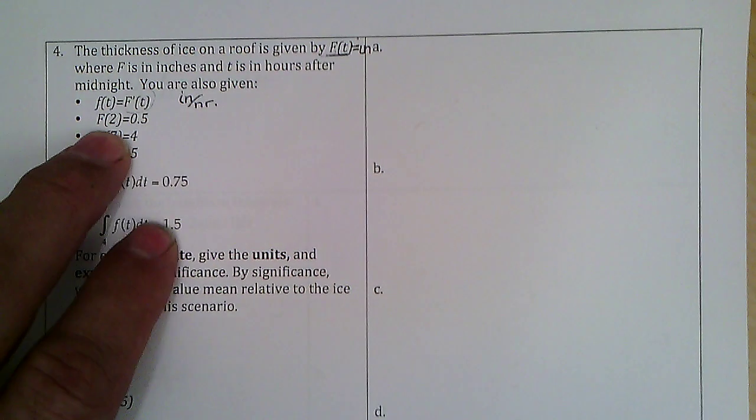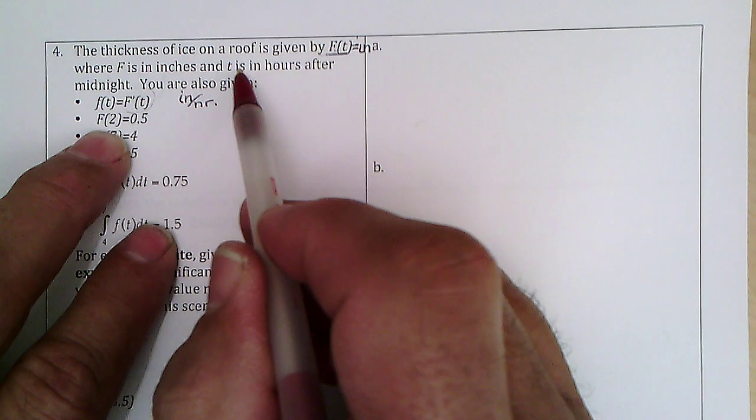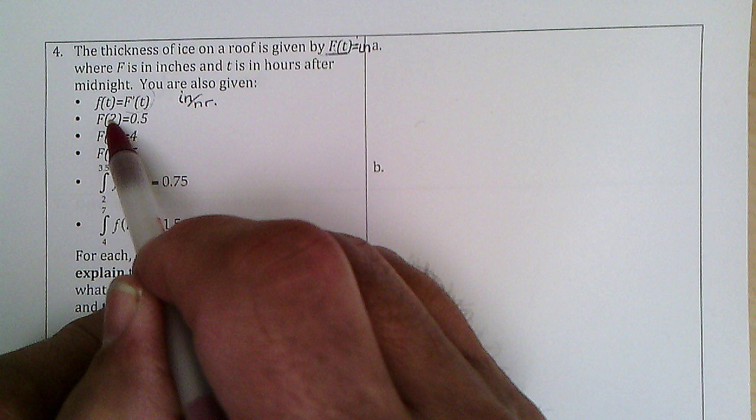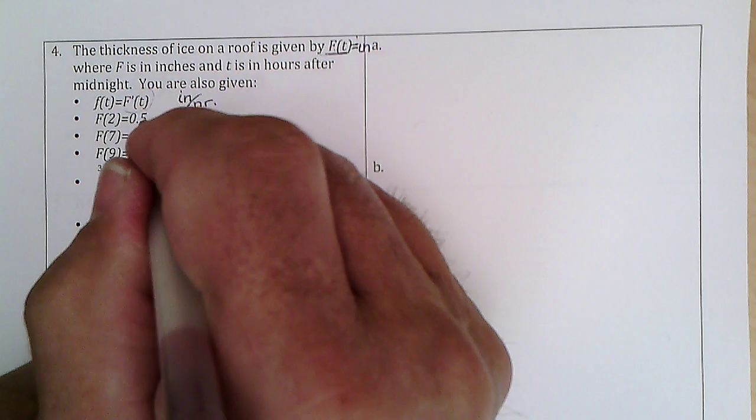So this says, and t is hours after midnight. So 2 hours after midnight, there's a 1/2 inch.